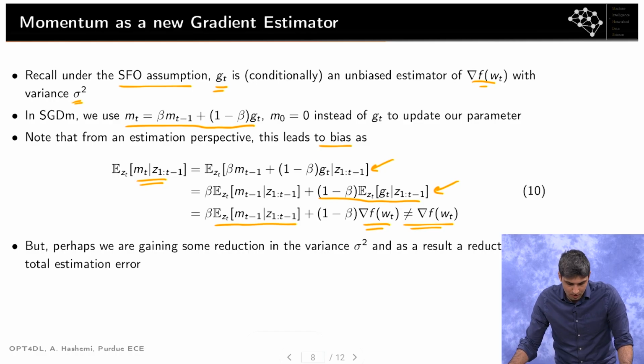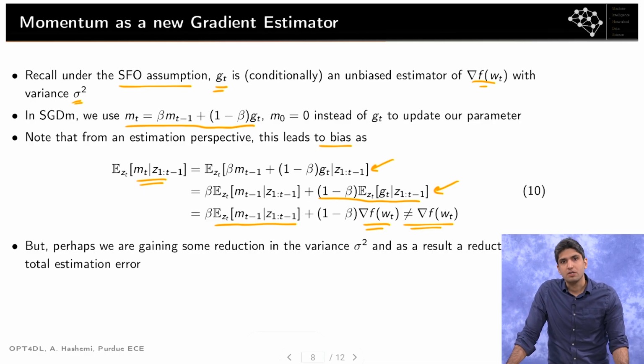So at first glance, this might seem a bad idea, right? Because in simple SGD, we work with something that doesn't have any bias, and we show that it has convergence. In this case, by integrating momentum into our optimization algorithm, we are picking up some bias. So that seems a bad idea.